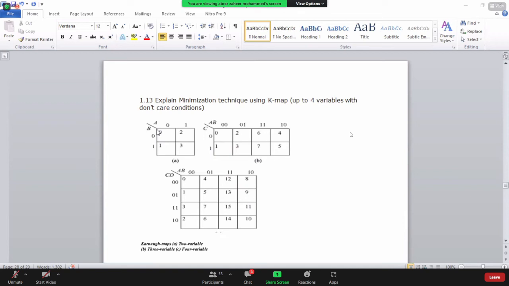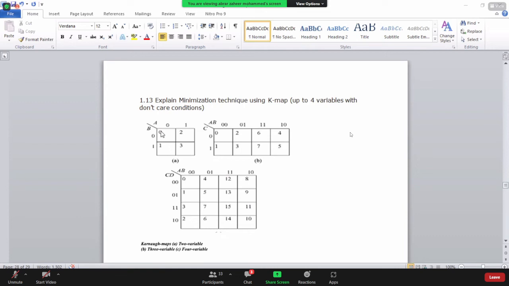Here, what does this 0 mean? This is the 2 variable K-map.